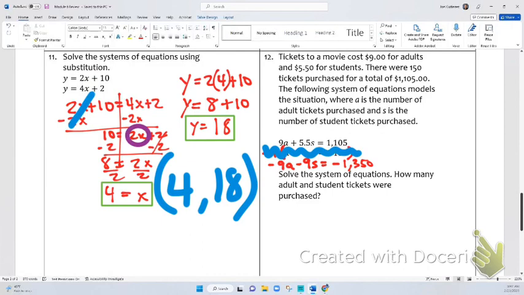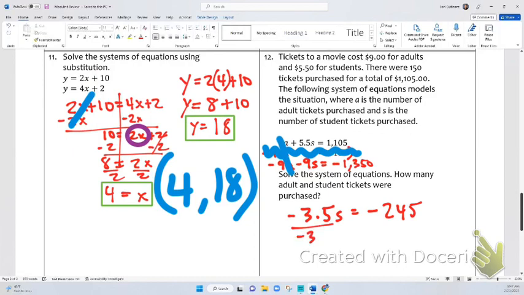So the A's will go away, boom. And then for my S's, I get a negative 3.5 S, because I'm adding straight down. And then this would give you a negative 245.